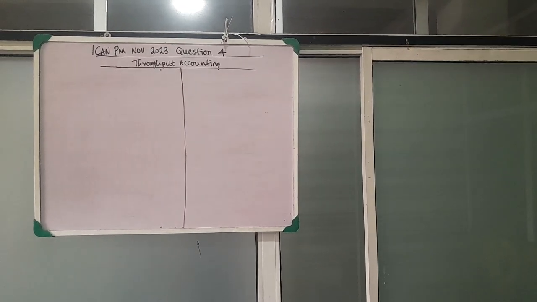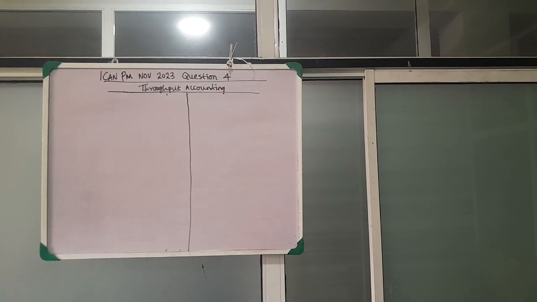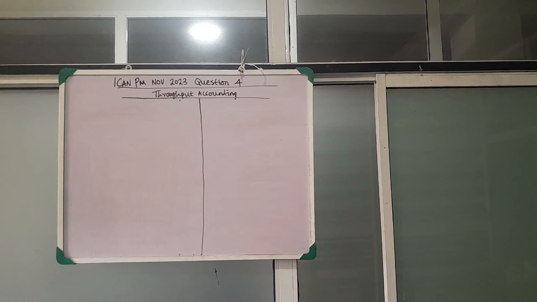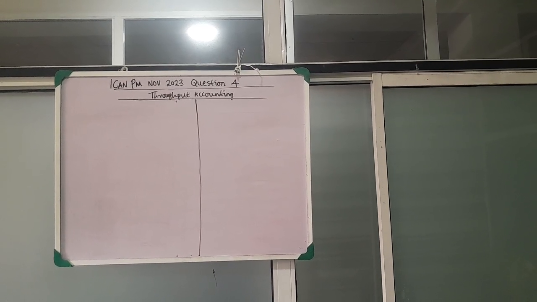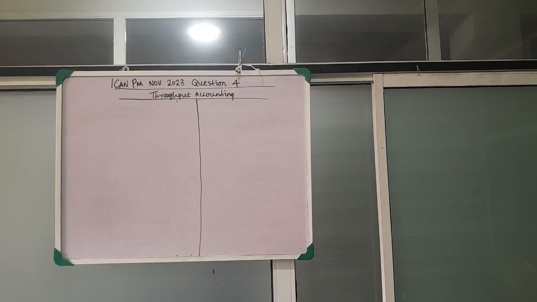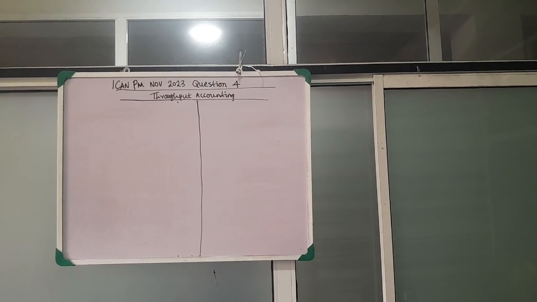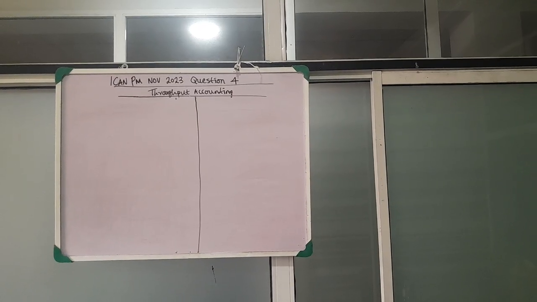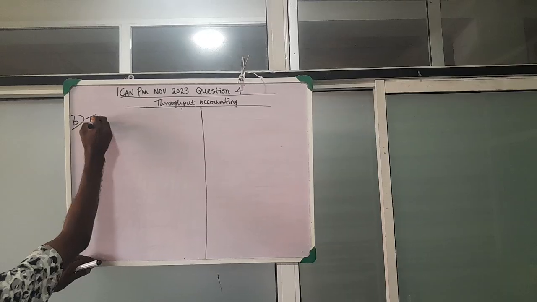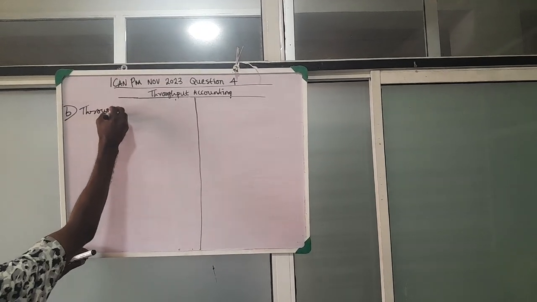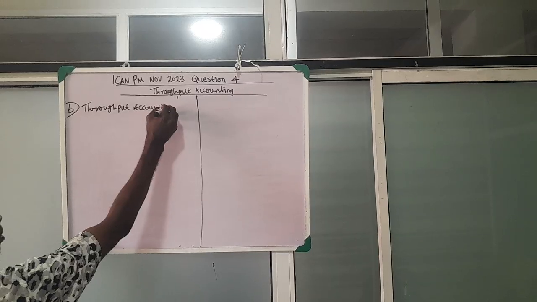After computing the return per factory hour, we'll proceed to compute the cost per factory hour. Then later, we'll divide them to get the throughput accounting ratio.